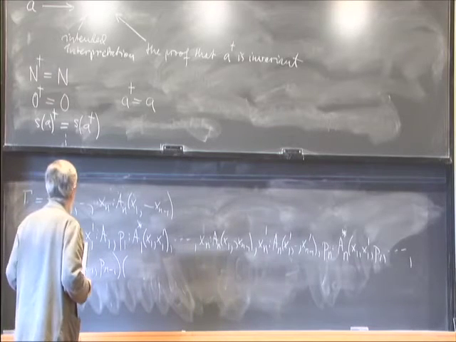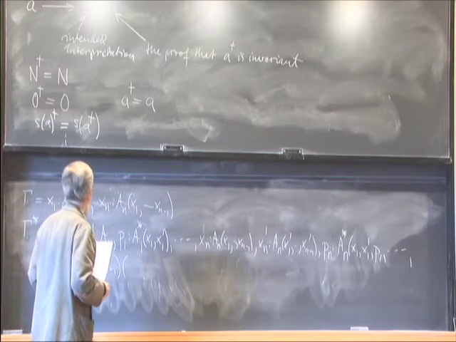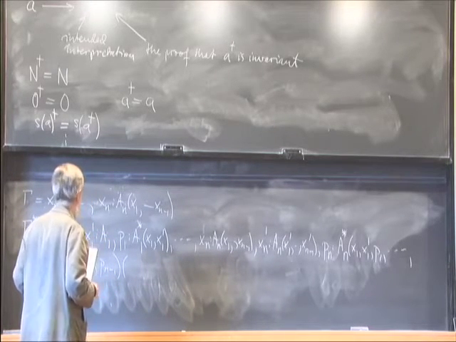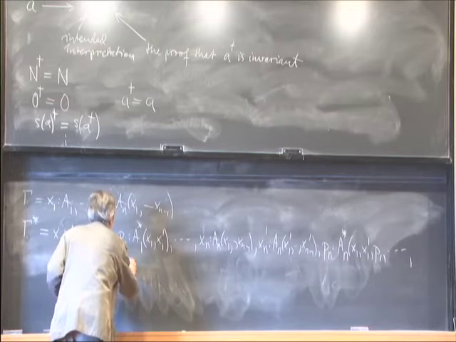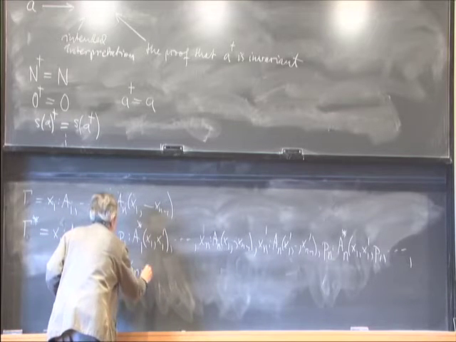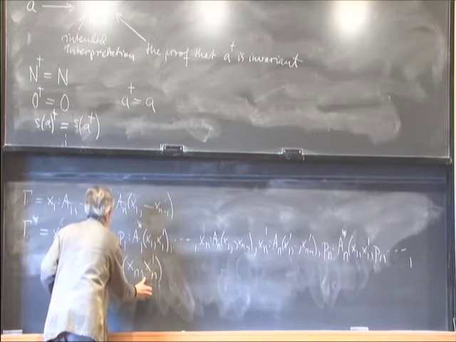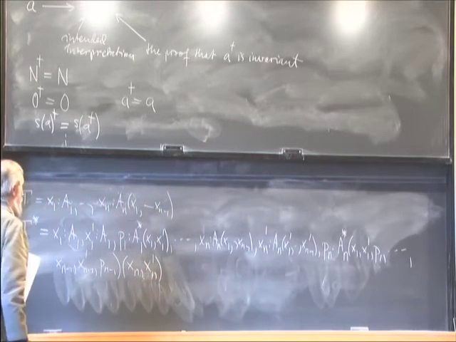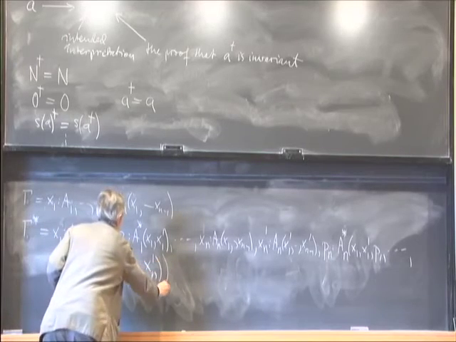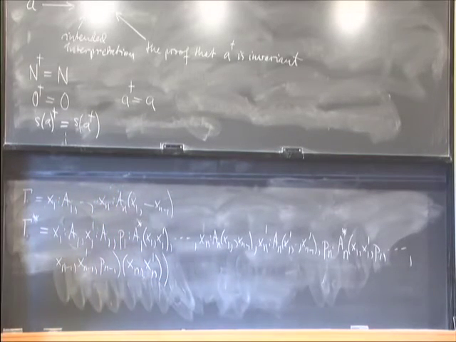And that means that I can well apply it to xn and xn prime. So this is how contexts are interpreted.